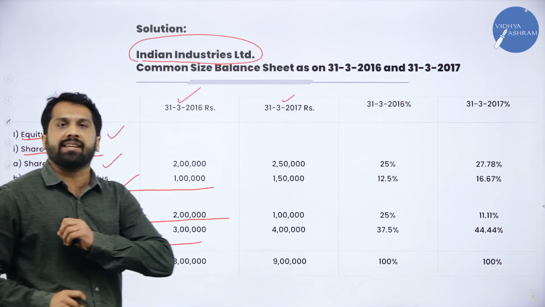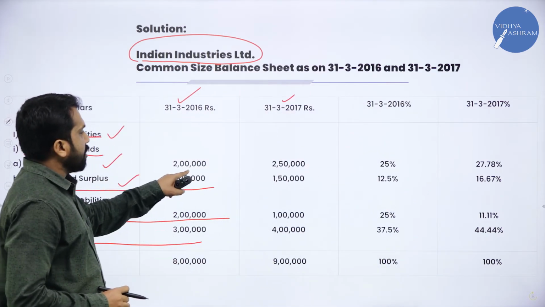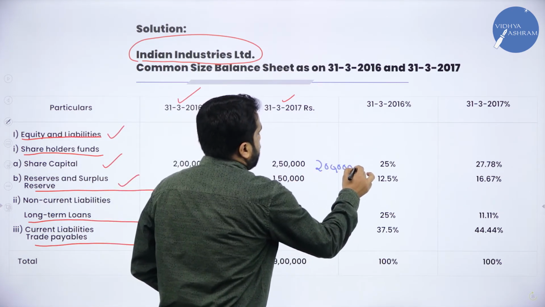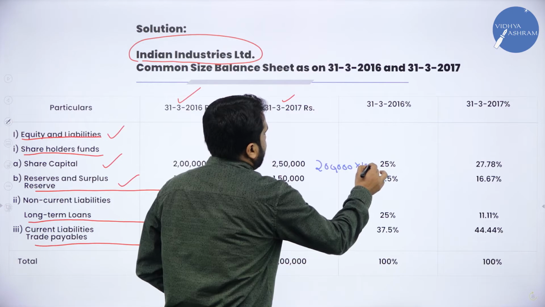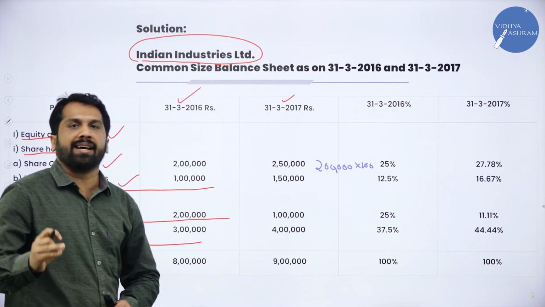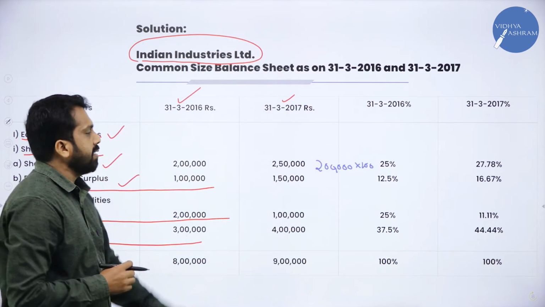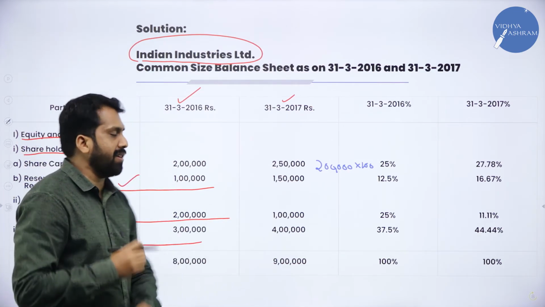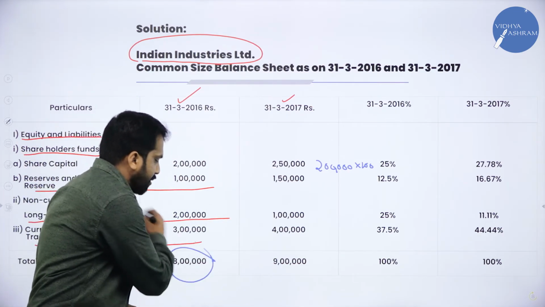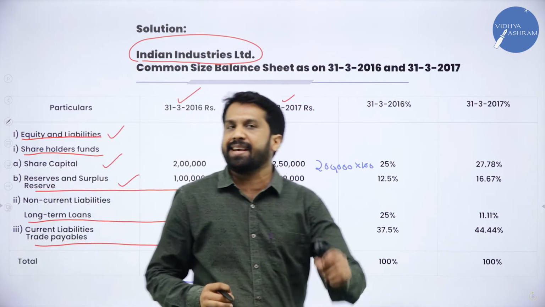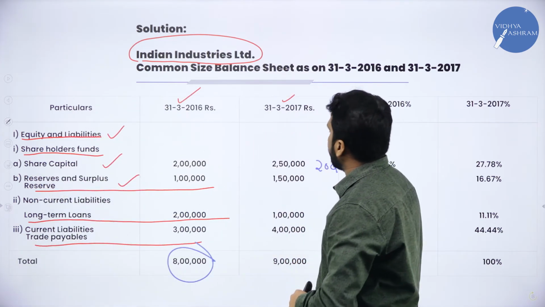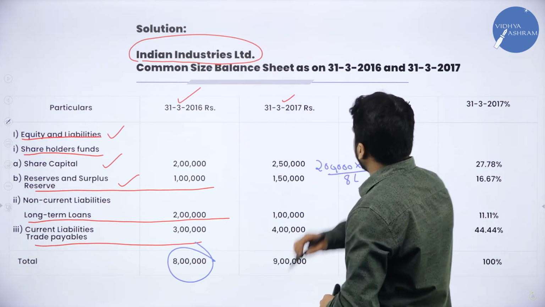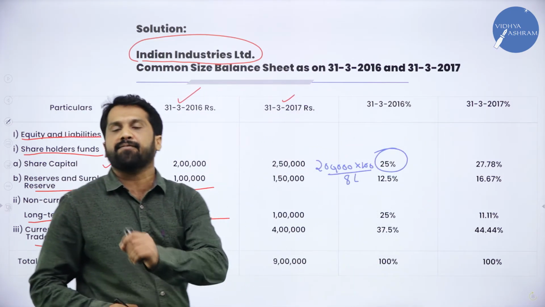How to calculate: 2 lakh multiplied by 100, divided always by your total, divided by 8 lakh. So your answer is 25%.